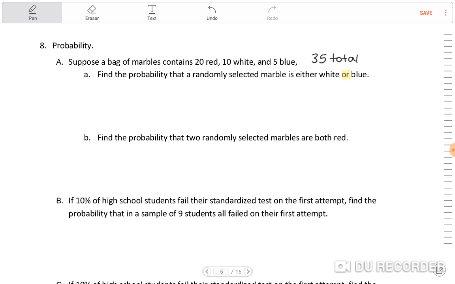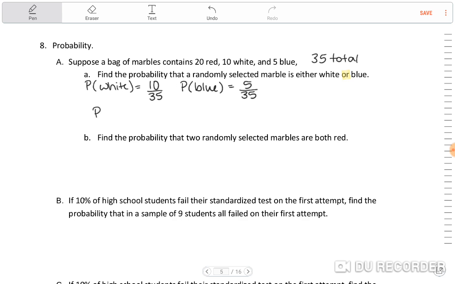It says find the probability that you get white or blue. The probability of white is equal to 10 out of 35. The probability of getting blue is 5 out of 35.